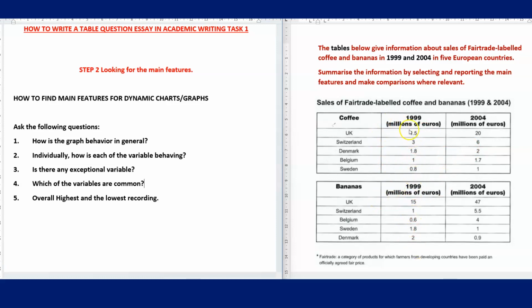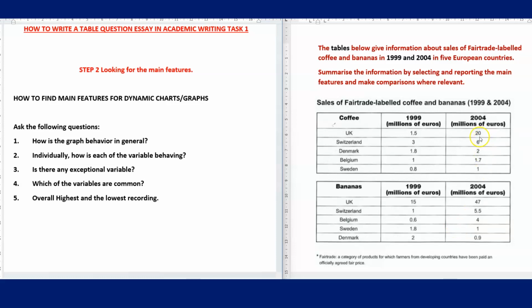So in total in 1999, you can see that UK was the country that spent a lot. All right, and when it comes to 2004, they are the same country that also spent a lot on banana, and it even surpassed all the other trade when compared to coffee.